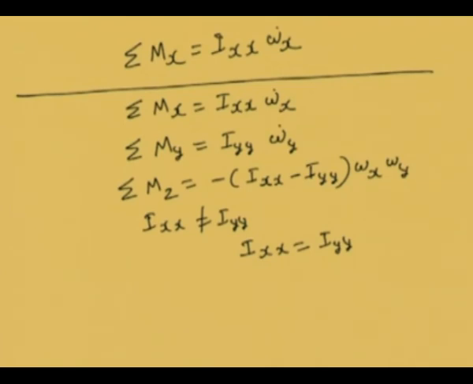Now then we discuss torque free motion. In the absence of torque, whatever motion we get is called torque free motion. So if we write the Euler's equations, then this is Ixx omega dot x minus (Iyy minus Izz) omega y omega z equal to 0.